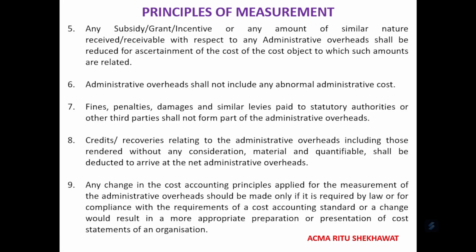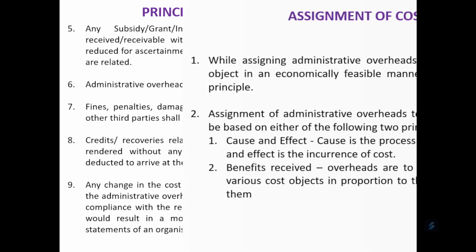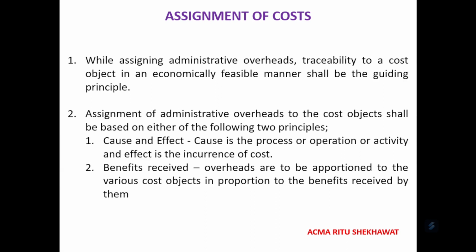Any subsidy, grant, incentives related to the cost object shall be reduced. Any abnormal administrative cost shall not be included. Fines, penalties, damages shall not be part of administrative overheads. Any recoveries or something material quantifiable shall be deducted to arrive at the administrative cost.